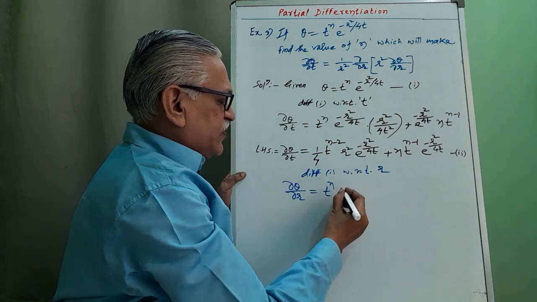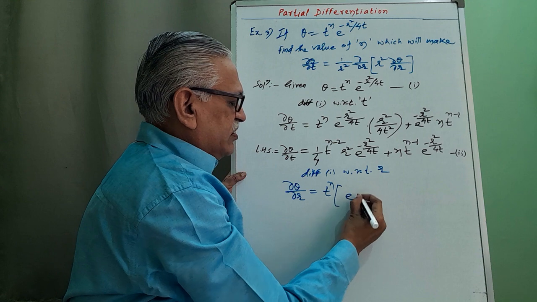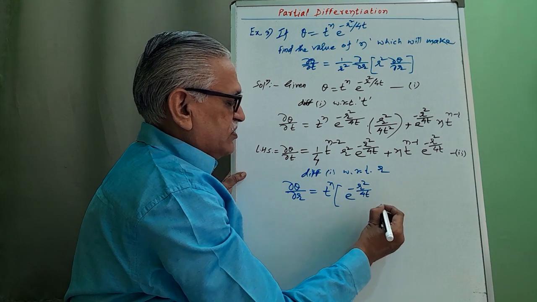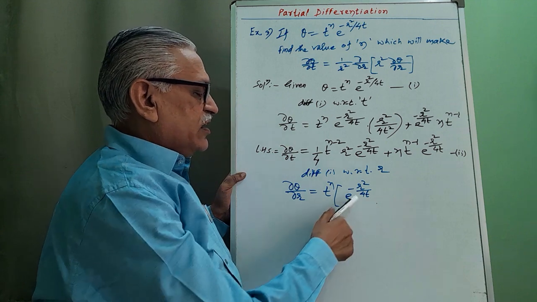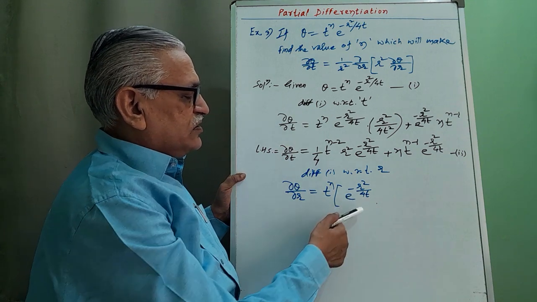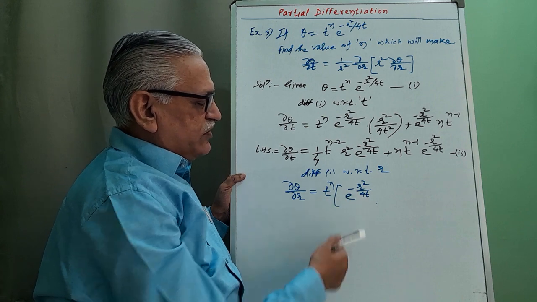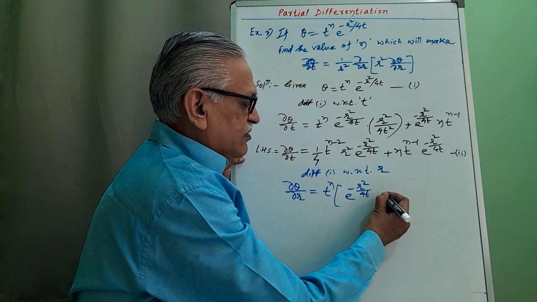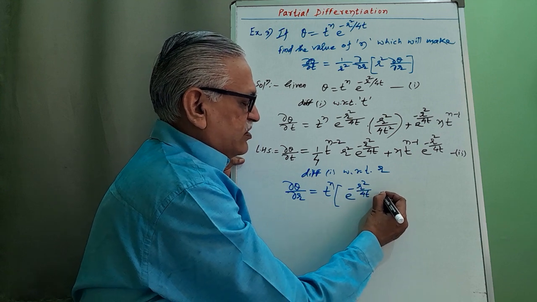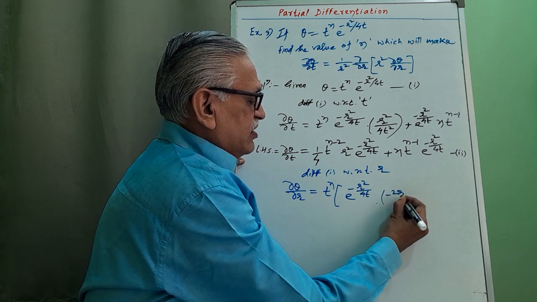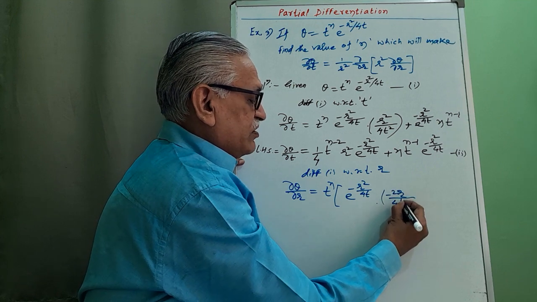Differentiation of this term with respect to r is e raised to minus r square by 4t, chain rule. Differentiation of this term with respect to r, minus 1 by 4t, constant term outside, and derivative of r square is 2r, and therefore it becomes minus 2r divided by 4t.